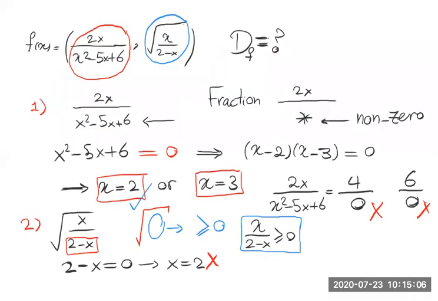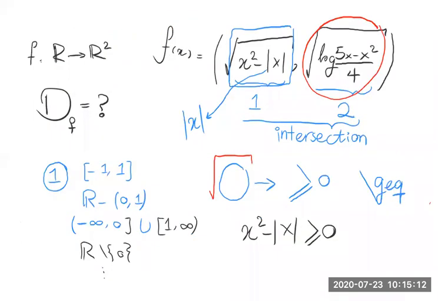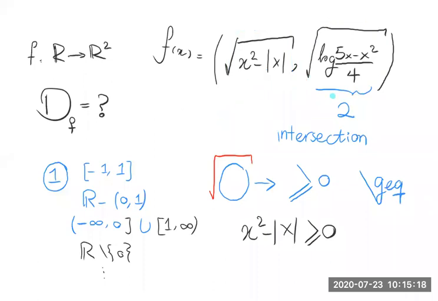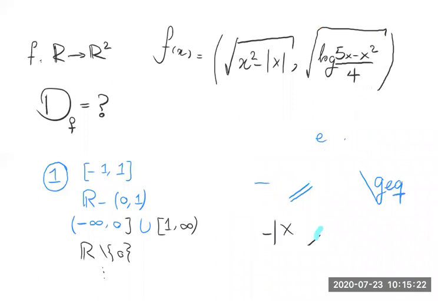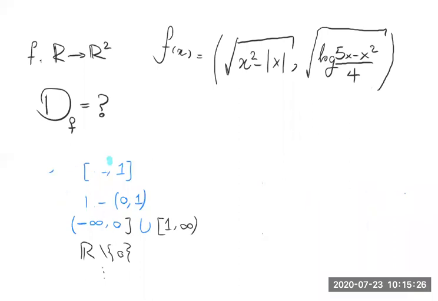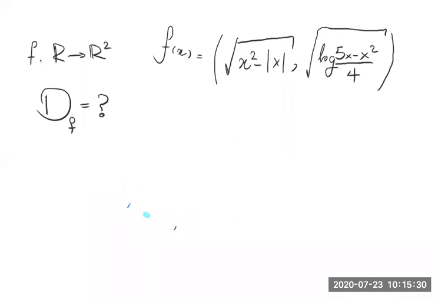Now let's go back. No, that's not the original function. Let's look at the original function. This is the original function, right? Let me get rid of these extra things. That was our vector valued function. This vector valued function itself contains two parts. We computed the domain of each part.